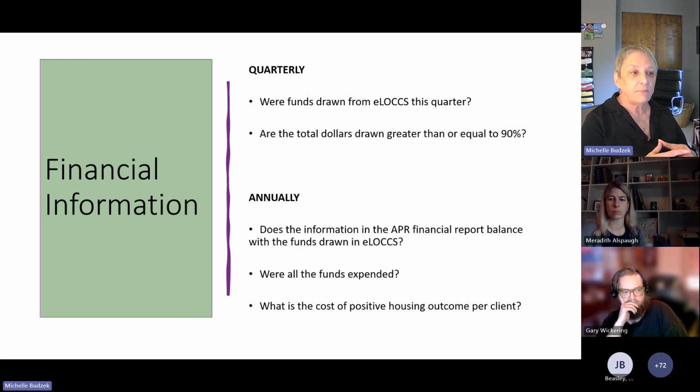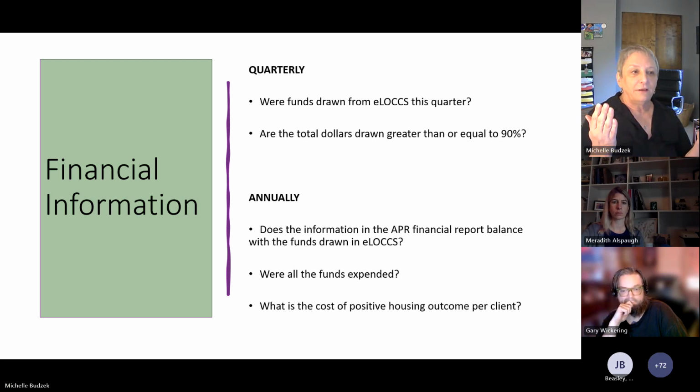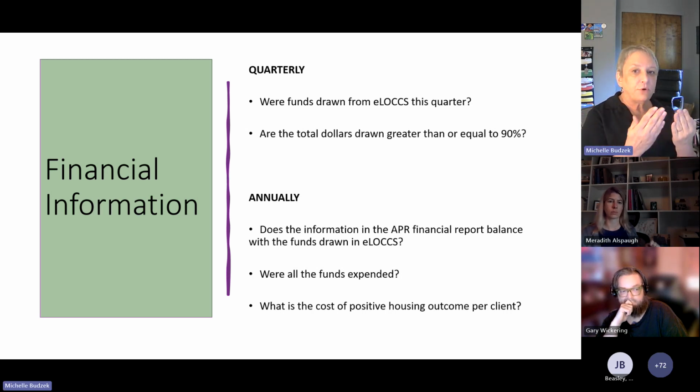The annual report takes a look at, are you reporting in the report the same thing that you drew funds on from LOCCS? It's not rocket science here. It's got to match, but to the penny, not rounded, not general. It's got to match your books at your organization.